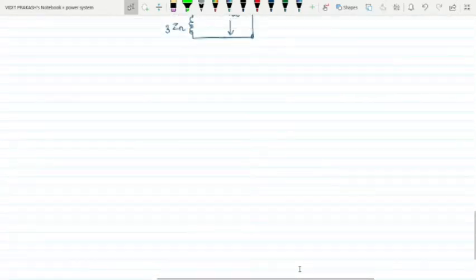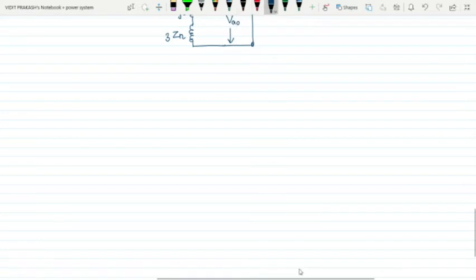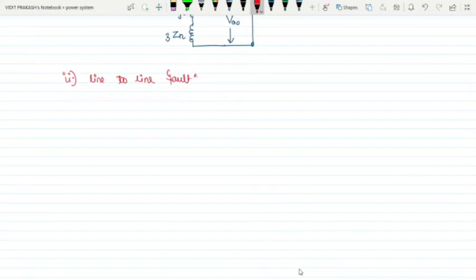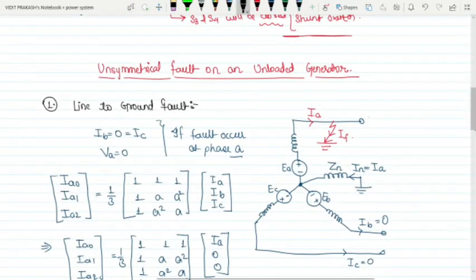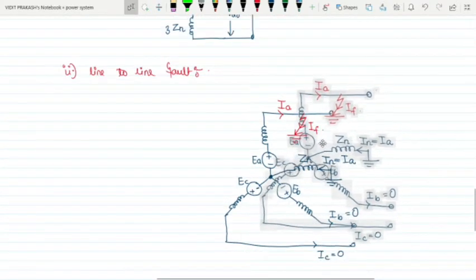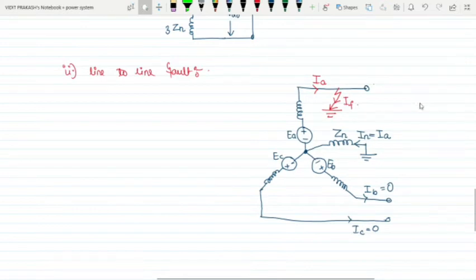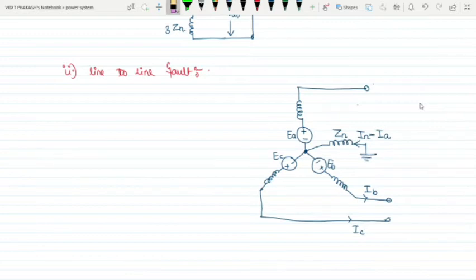Now next is line to line fault. So in line to line fault, suppose fault occurs between B and C. These two lines get short circuited.